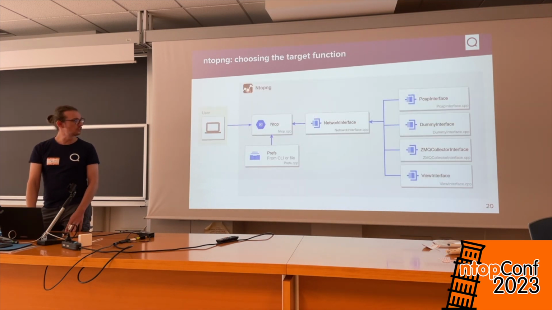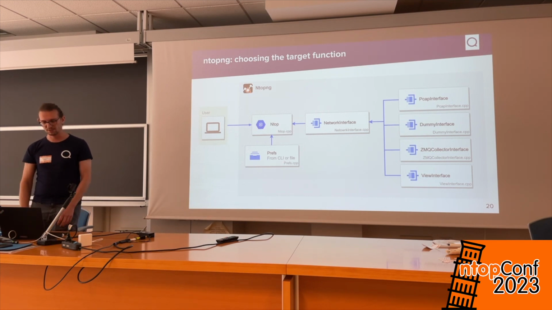So this is a general overview of how ntopng internally works. This is really just a general overview, so don't rely on it too much, but it's useful to explain where our target will be. When you start ntopng, under the hood you are creating an ntop object that will load all the configuration from the command line or from files, through a prefs object.